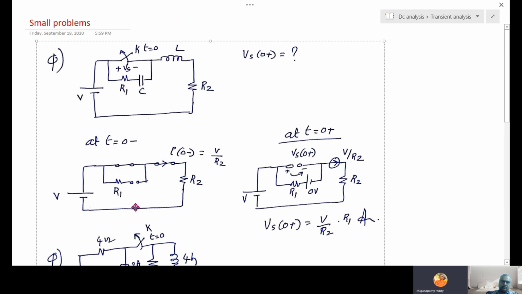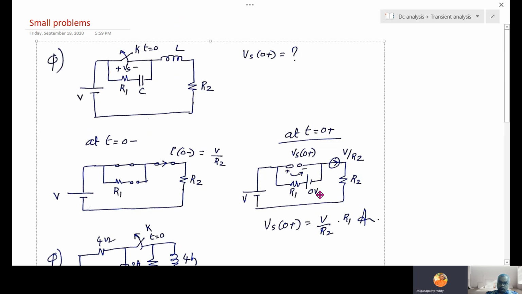So this is open. Now look at this. V by R2 current will come. What is I0 minus? I0 minus is V by R2.